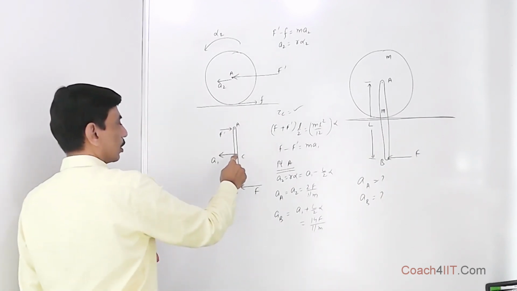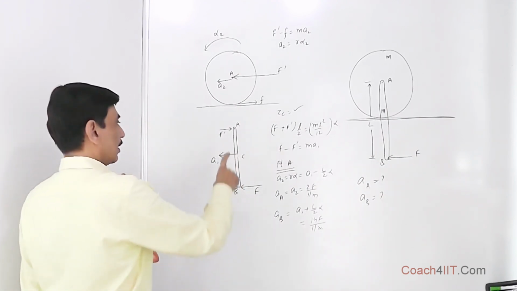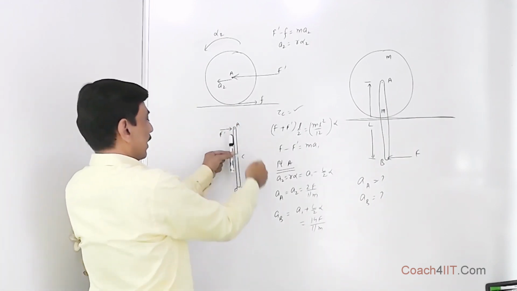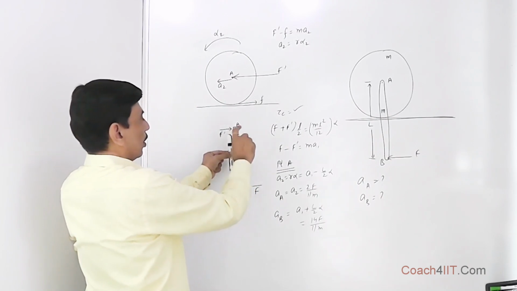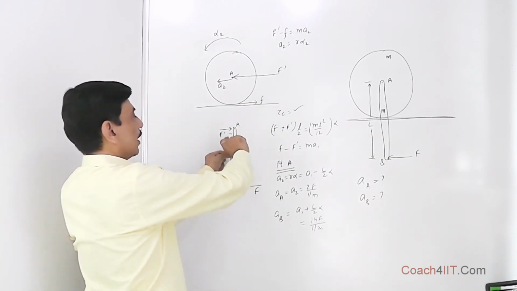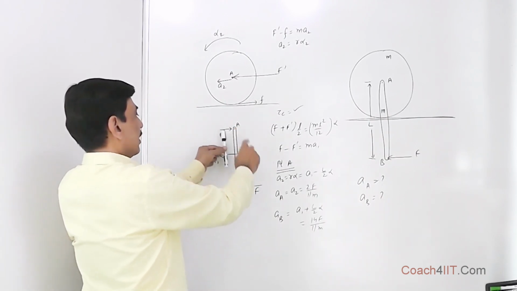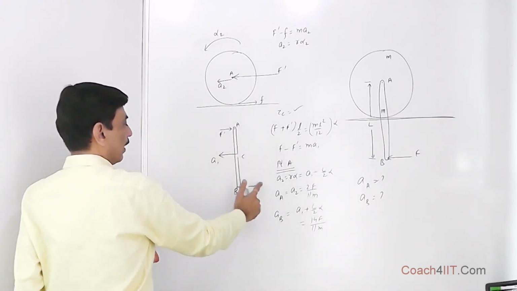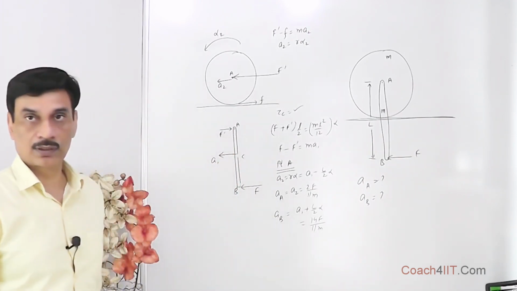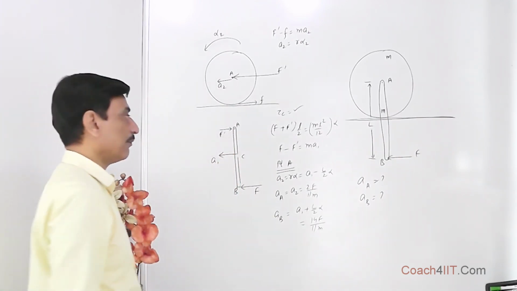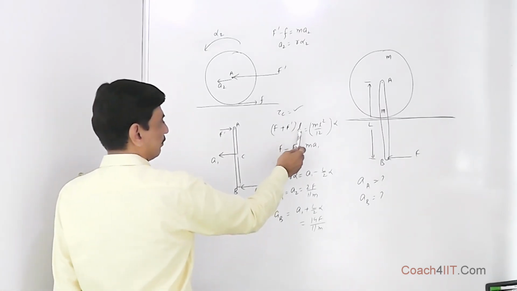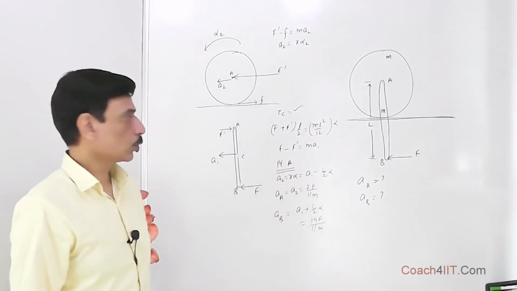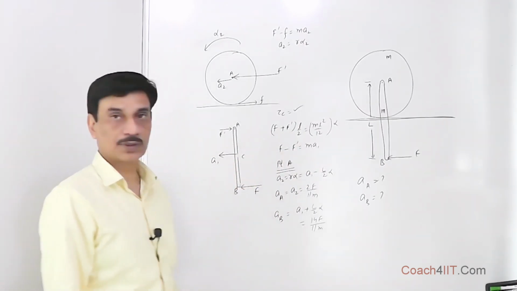Also, if we take the torque about C, torque is equal to I alpha. The force F applied in this direction and F dash applied in this direction both contribute towards the clockwise movement. So F plus F dash into L by 2 is the net torque, and net torque equals I alpha, so F plus F dash times L by 2 is equal to ml square by 12 into alpha.